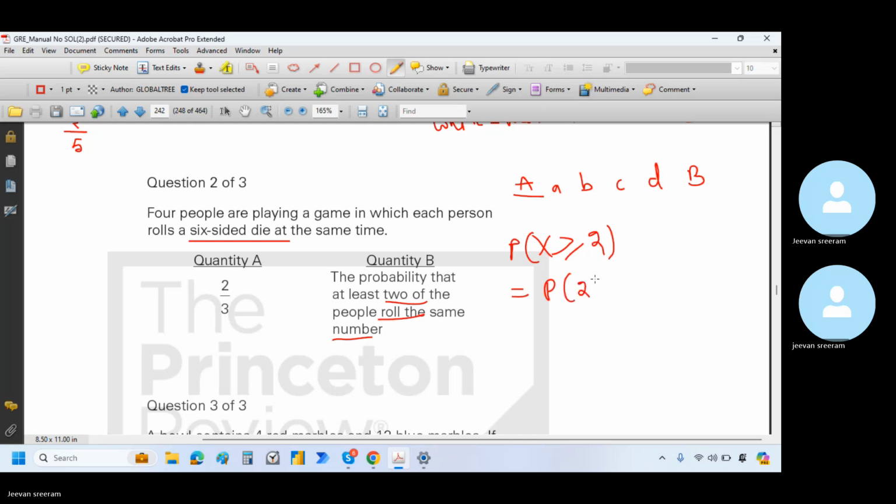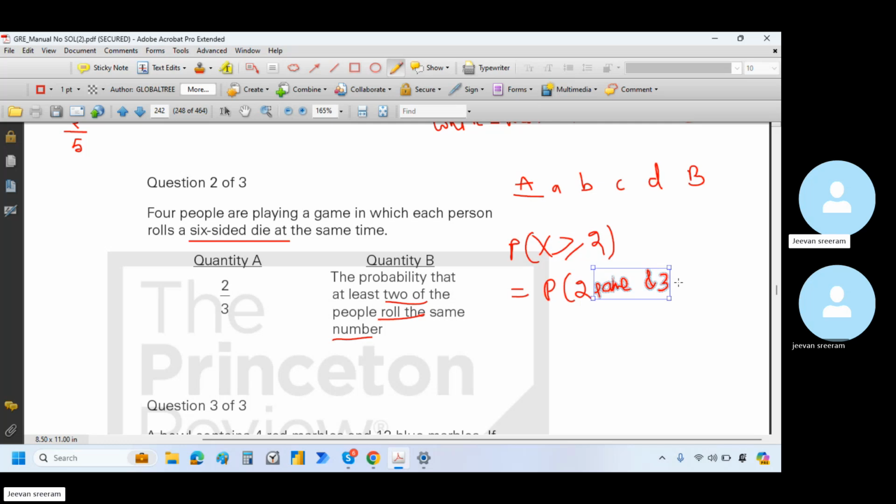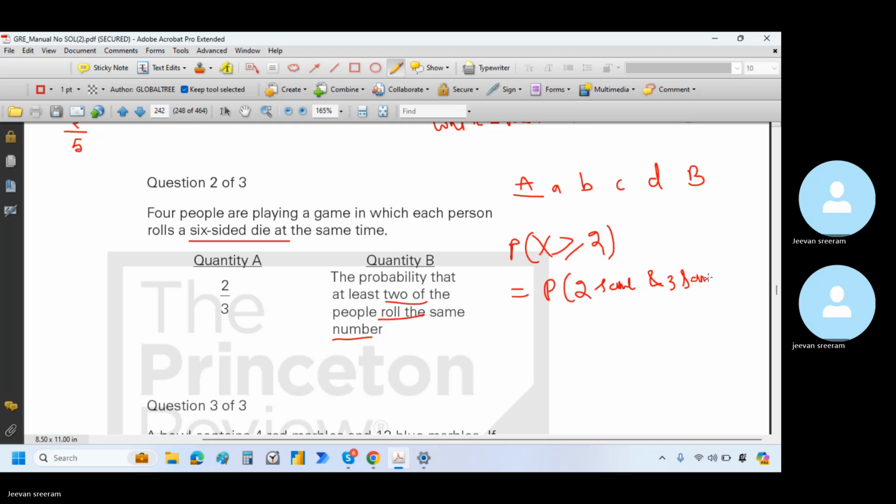Two people, same number, and 3 people, same number, and also 4 people, same number.